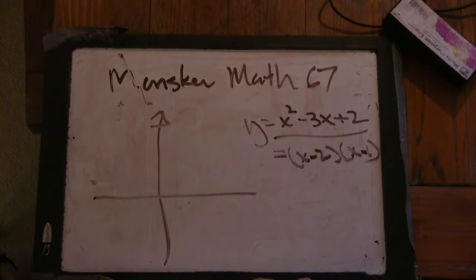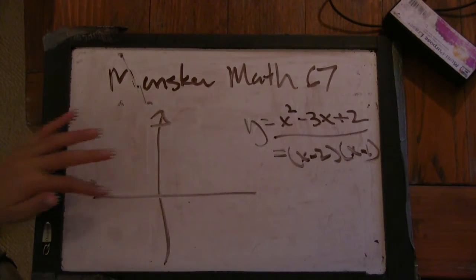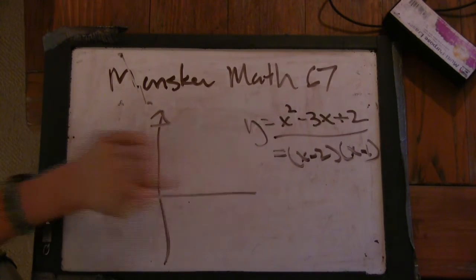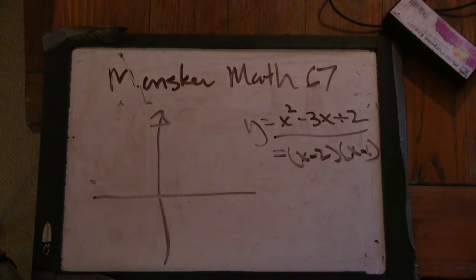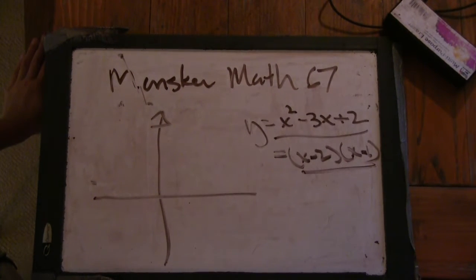What's that going to tell us? I know each one, but together it's sort of hard, because you're going to be moving it over this way some distance. But there's something really easy that you know about x minus 2 times x minus 1.